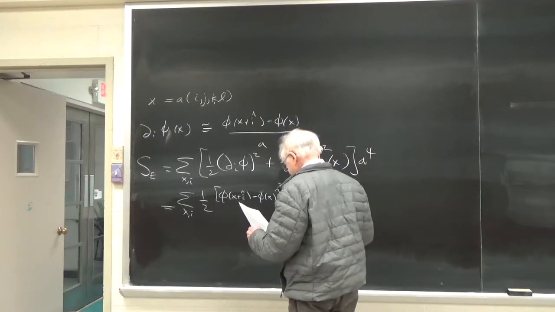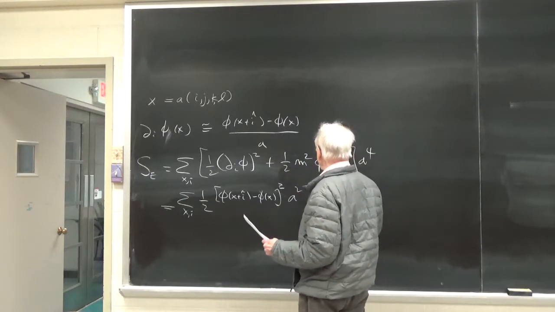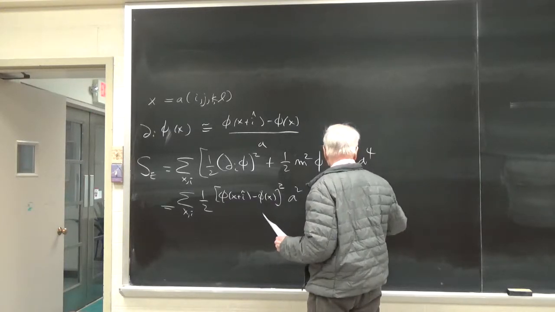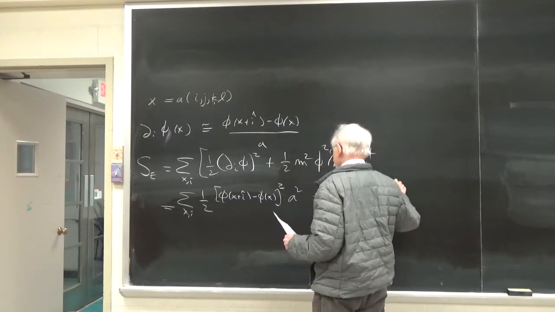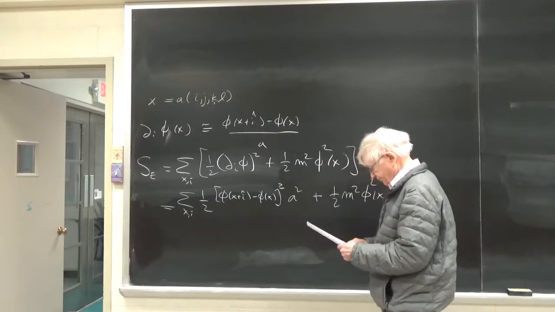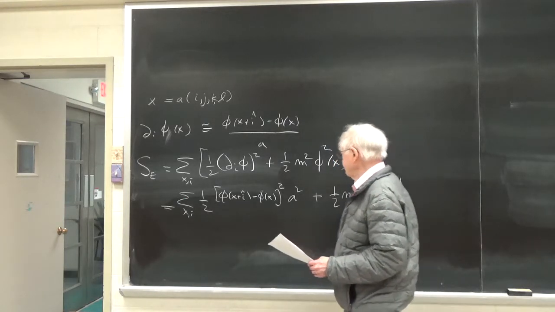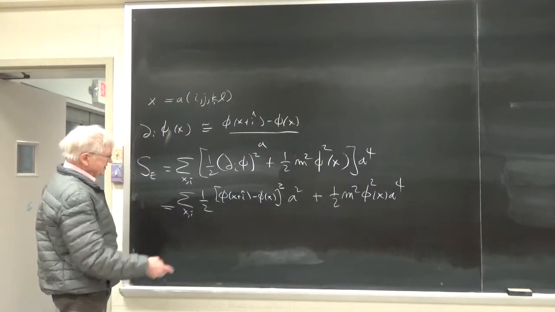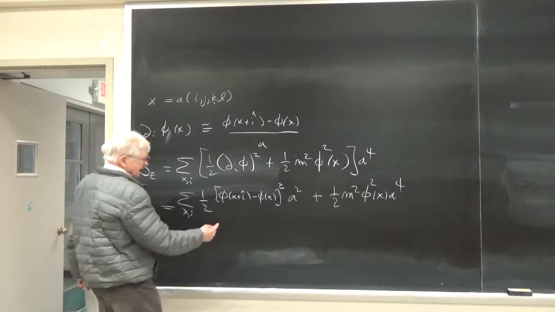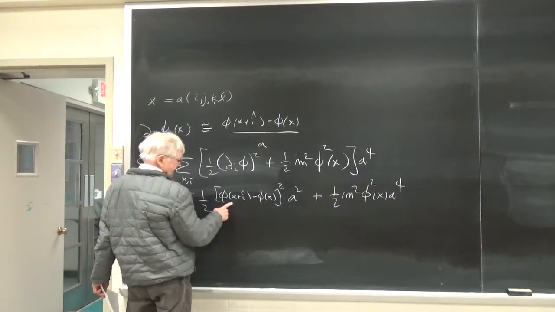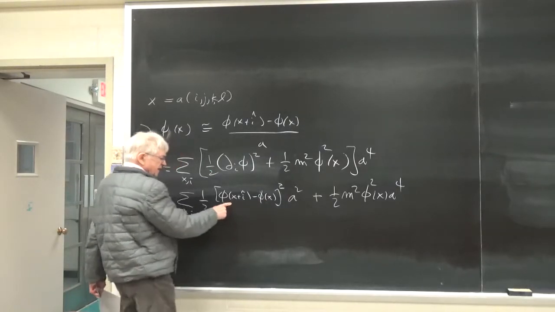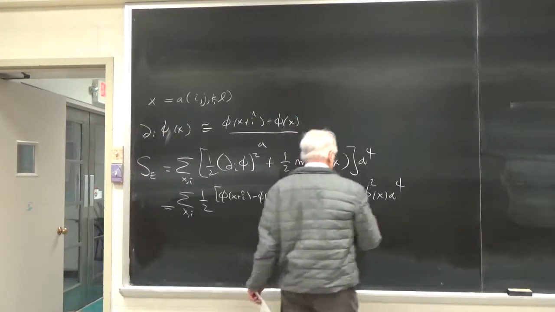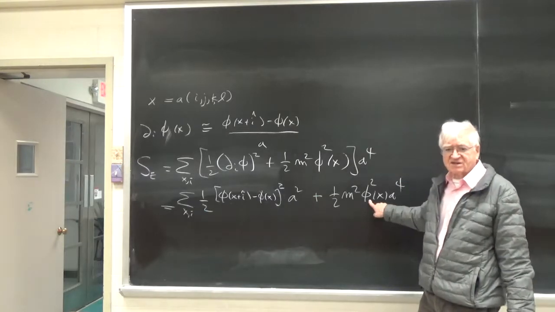And then plus a half m squared phi squared of x a to the 4th. And now you can see that since we're summing over everything, you've got phi of x squared, phi of x plus i squared. We're summing over the whole lattice. So this is a term that's very much like this last term.